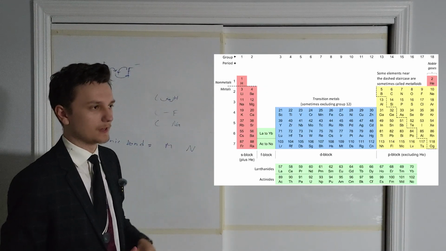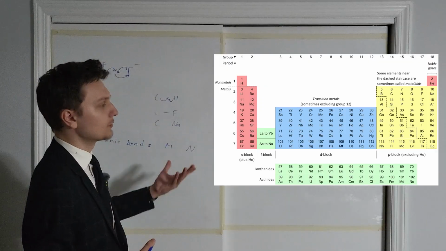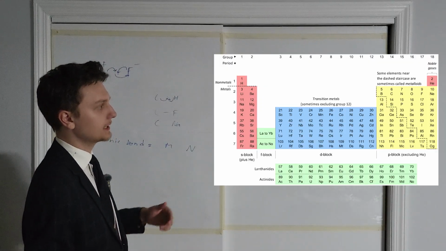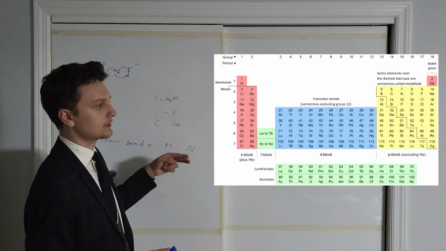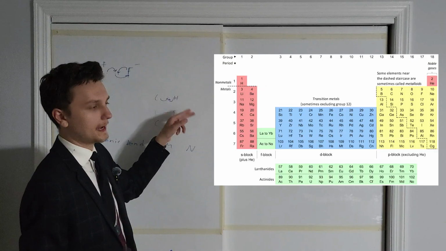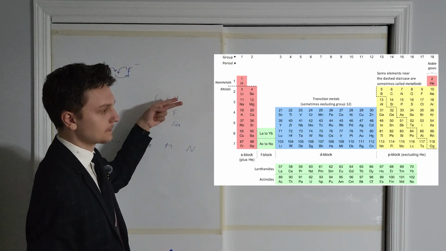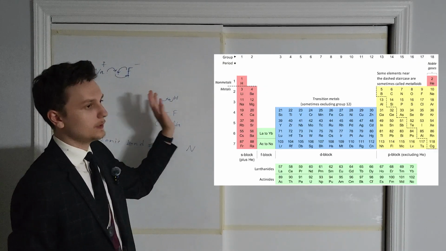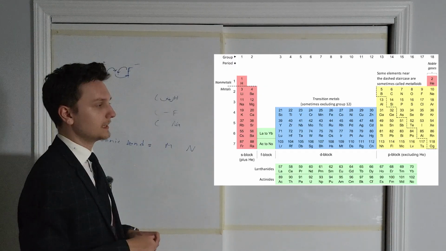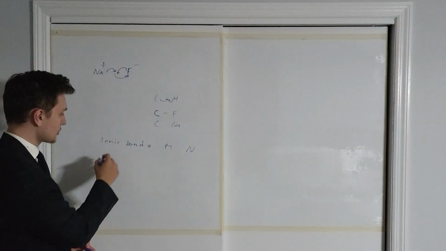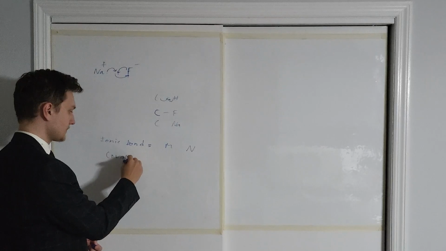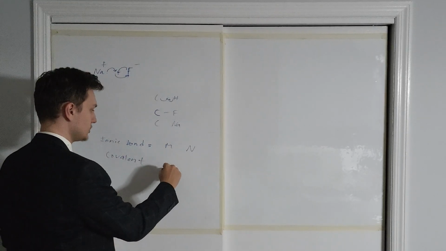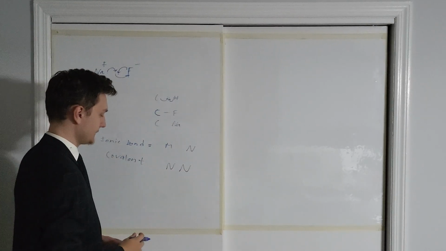It kind of looks like a triangle, okay? You're generally going to be looking at things in the top two rows, the two rows below hydrogen and helium. And so everything to the right of aluminum is going to be a nonmetal. Covalent bonds are going to form between two nonmetals, okay?